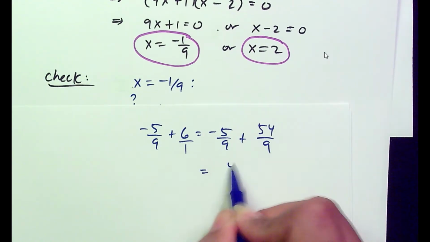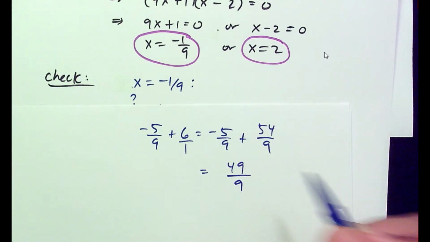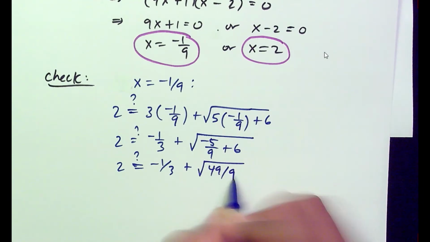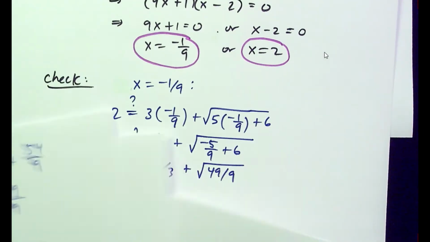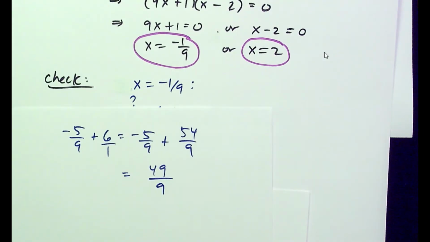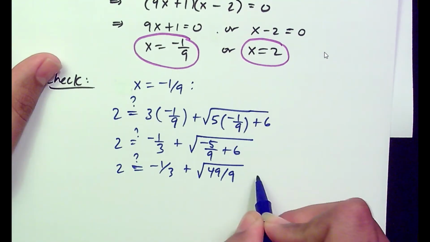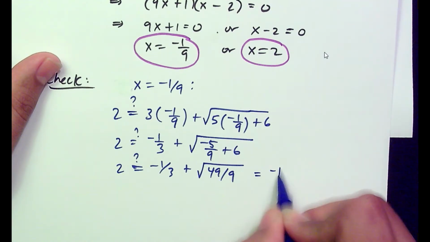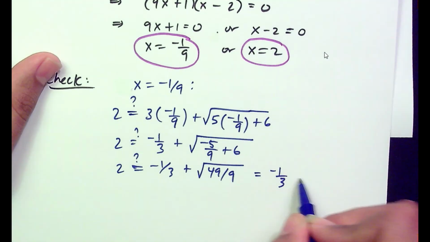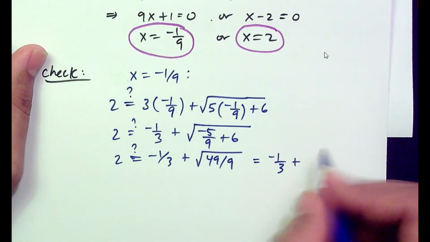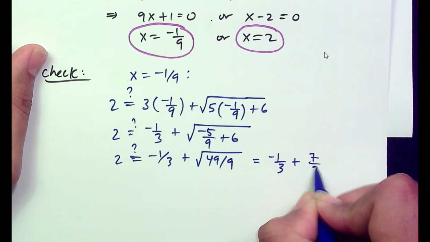And then this will give me 49/9. Which, the square root of 49/9, well, square root of the top is 7, square root of the bottom is 3.